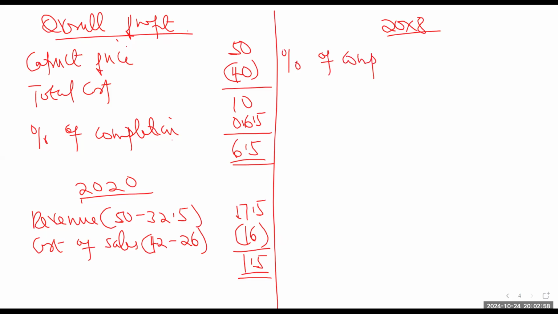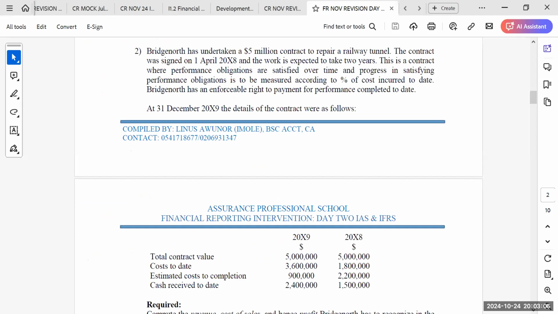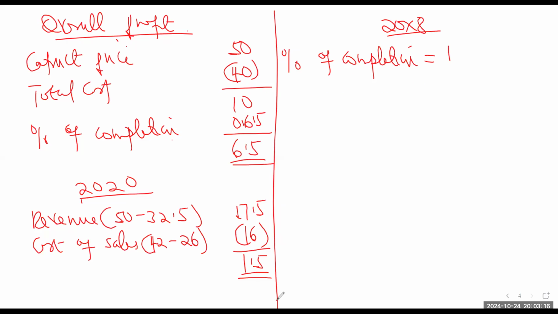What will be the percentage of completion? Percentage of completion will be the cost incurred to date. What is the cost incurred to date? 1,800. That will be 1.8 million, isn't it? Yes, sir. So in 20X8, what is the total cost to complete the contract?